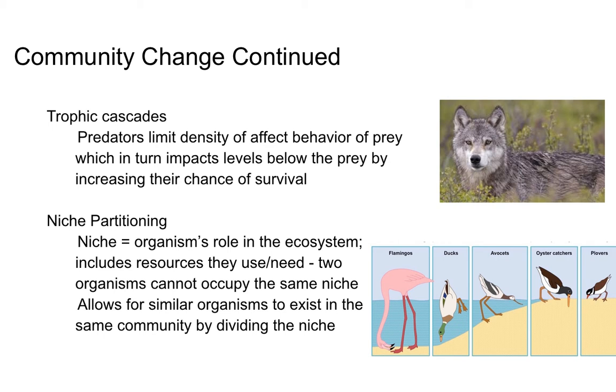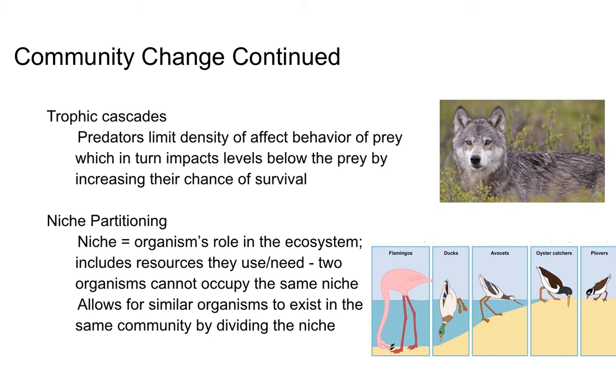Then there's niche partitioning. So a niche is an organism's role or job in the ecosystem. And that includes every single thing about that organism, from what resources they use or need, and if two organisms occupy the same niche, then we have a loss of resources. So naturally, organisms do not occupy the same niche.